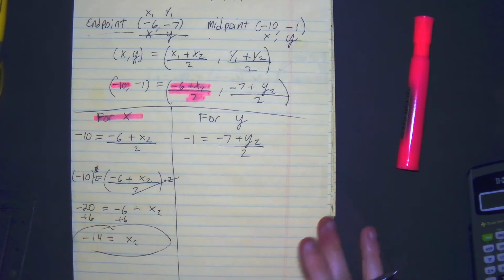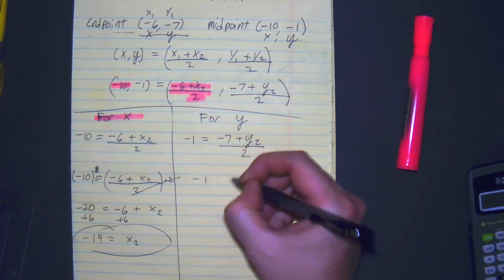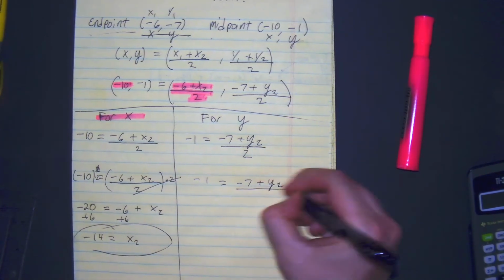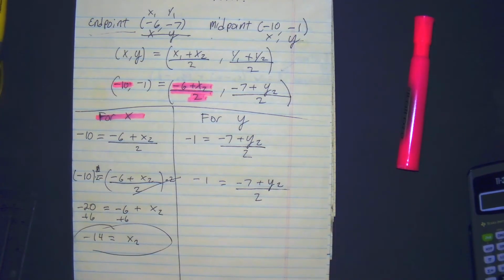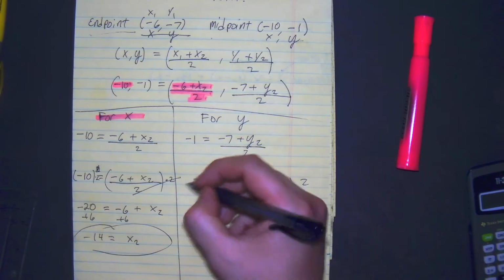Now we need to find our y. Like I said, this process is very much the same every single time. It's very systematic. Negative 1 is equal to negative 7 plus y2 divided by 2. The way we get this denominator away is we multiply both sides by 2.